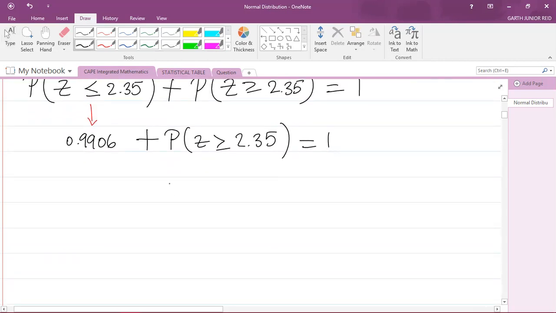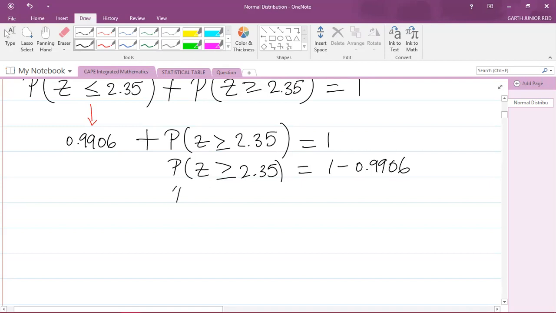I'm going to subtract both sides of the equation by 0.9906. And if I do that, on the left-hand side I'll be left with the probability of Z being greater than or equal to 2.35, and on the right-hand side I will have 1 minus 0.9906.